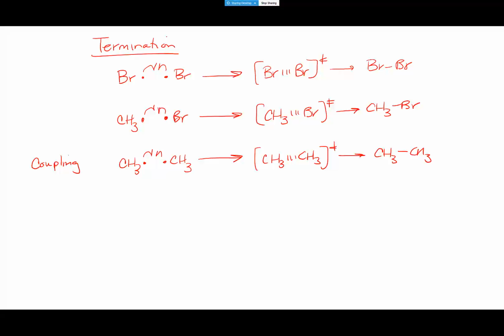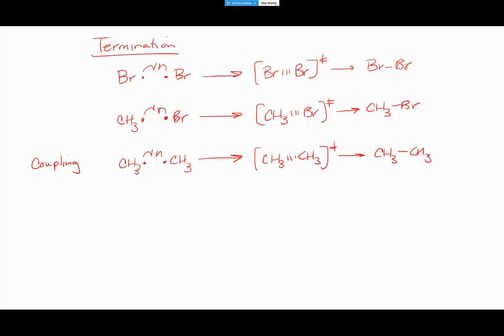And so the importance of that reaction is that if I proposed all of these steps, then that coupling reaction has to be one of them. So when I do a free radical reaction, in order for me to validate that this mechanism could be correct, I need to find some of that product. If you were to analyze this by something like gas chromatography, mass spectrometry, you would find that ethane molecule, the coupling product.